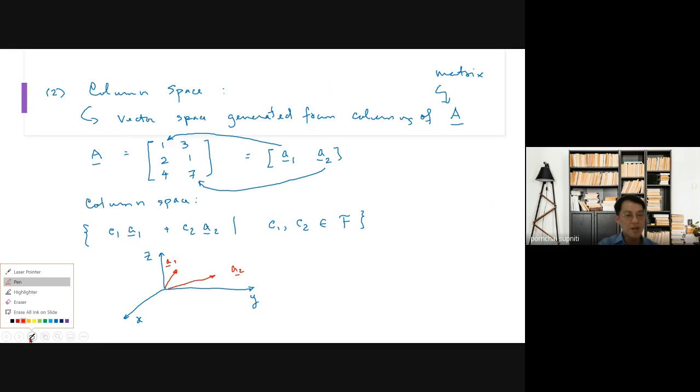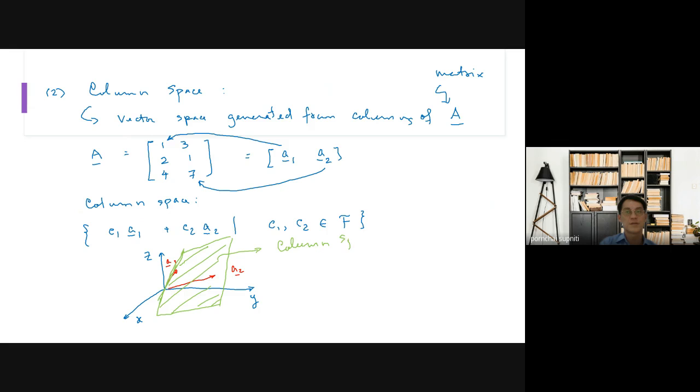Let me use the green color. So the column space is just the planes that you generate from these 2 vectors that you can construct. So this is called column space.